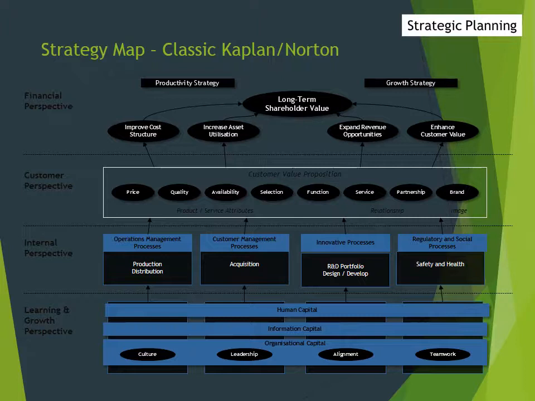The learning growth perspective deals with how do we make our human capital more valuable. Human capital is just a fancy word for employees. Our information capital more valuable, how much information we have about our line of business. And then the organizational capital, primarily the culture, the leadership, how well it's aligned, and how well it works together.